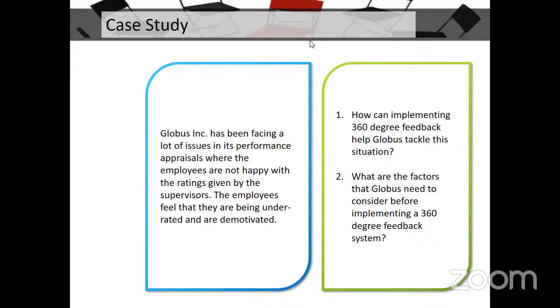And the employees also feel that they're being underrated and are demotivated. Yeah, I think what has stood out from your training is getting buy-in by everybody. So when HR involves all the employees to understand this tool, and to also help them make suggestions, comments, participate. Like you've said, the 360 degrees involves a rating committee that is well trained, that is able to know how to implement this tool.